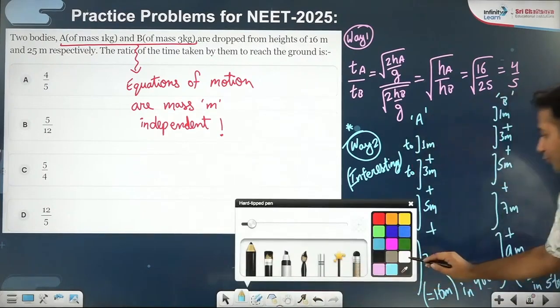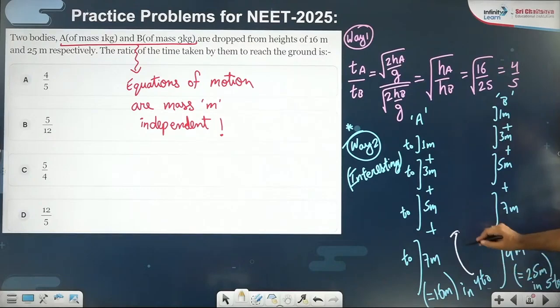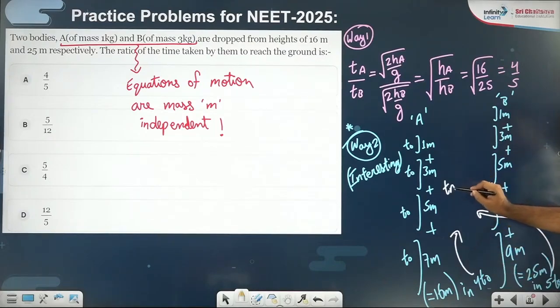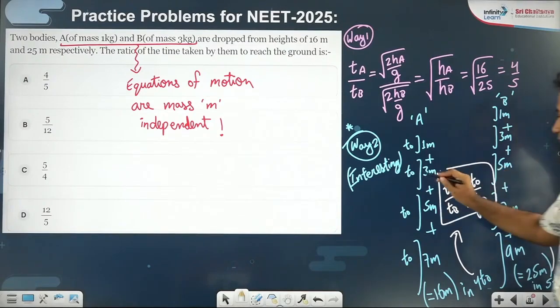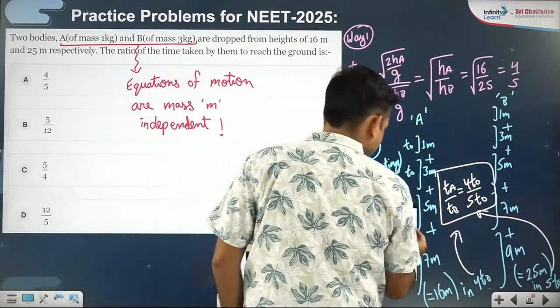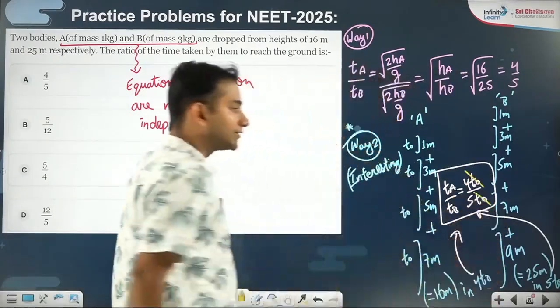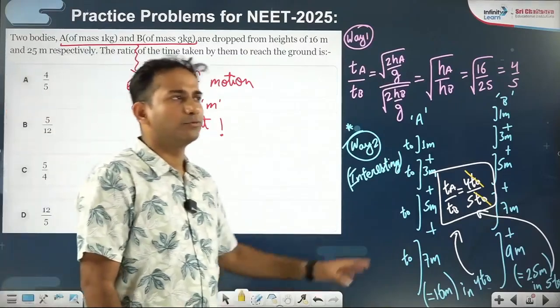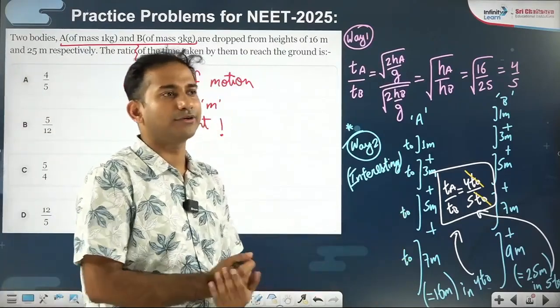So if you want to take the ratio of the time interval of A by the time interval of B, that will be 4 t0 by 5 t0, and t0 will naturally get cancelled. The answer will be 4:5. Hope you are getting the idea of what I am talking about.